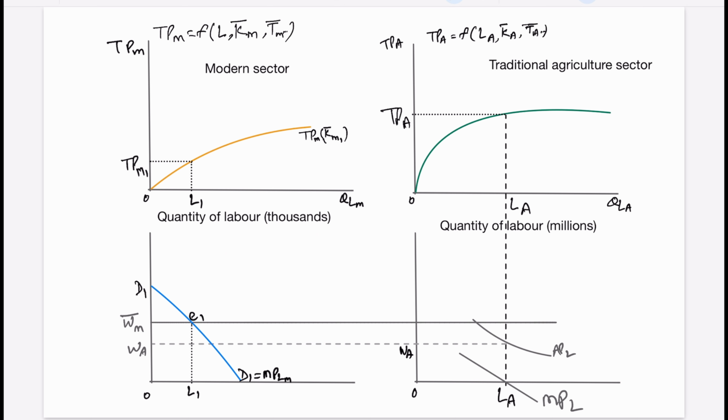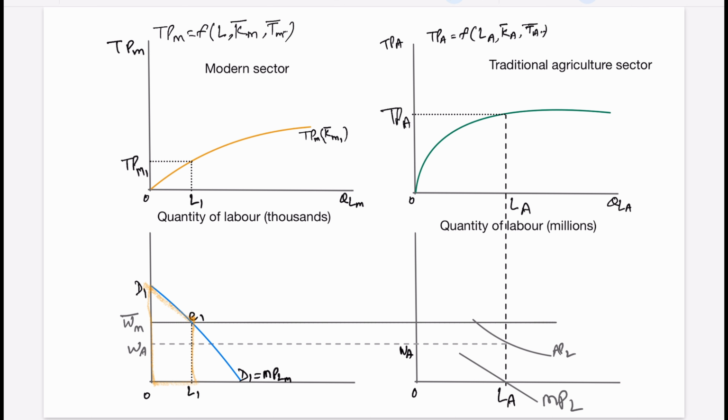Now see here carefully. So what is happening is this: this is the total product that we have obtained by looking at the equilibrium E1, and at that equilibrium we have hired L1 workers in manufacturing.